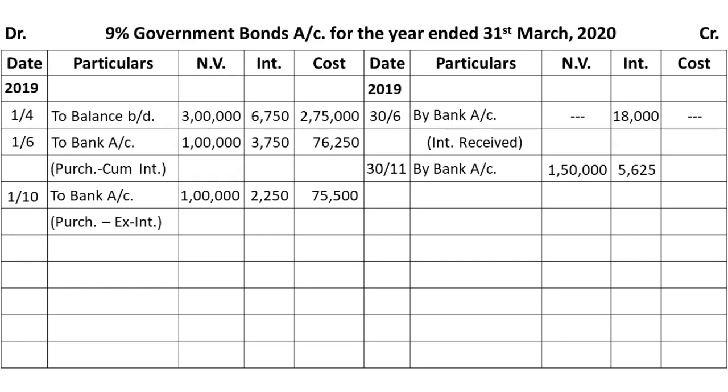This is very important. In case of sales transaction, in the cost column we need to record the amount of selling price, actual selling price. So the actual selling price that we have calculated is 1,24,375.